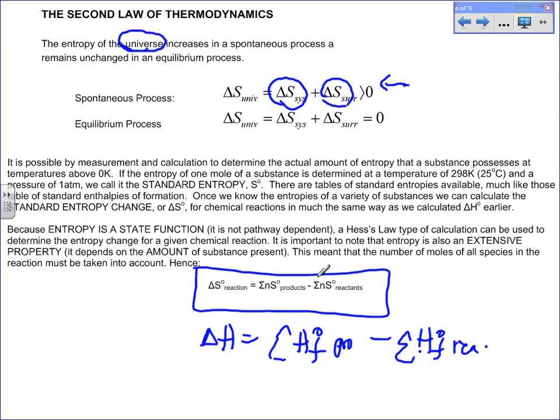So entropy is also, like enthalpy, an extensive property, so it depends on the amount of the substance. So when you are finding the sum of the entropies of the products and the sum of the entropies of the reactants, you do need to take into account the coefficients in the balanced chemical equation. Okay, so we're going to look at several examples.